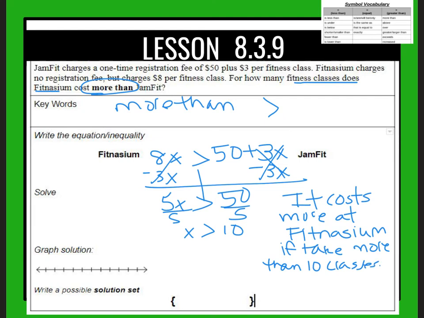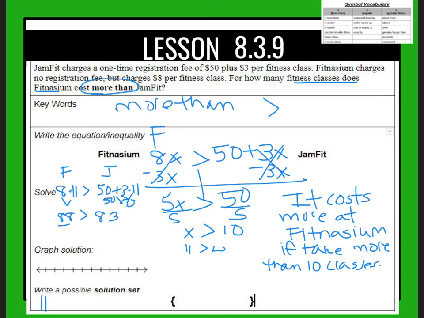So I'm going to try 11, which is definitely more than 10. Let's see what that would cost me at Fitnasium. Well, 8 times 11, let's see if that's greater than JAMFit, which is 50 plus 3 times 11. 8 times 11 is $88, and 50 plus 3 times 11, that's 33, and 50 plus 33 is $83.